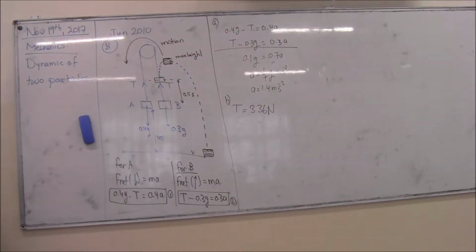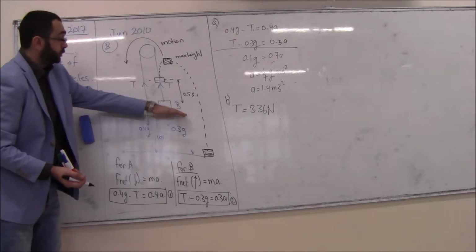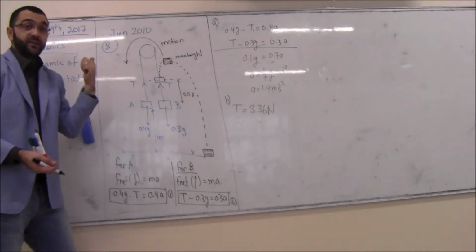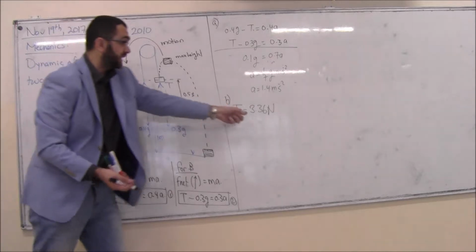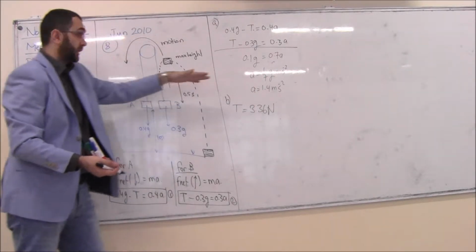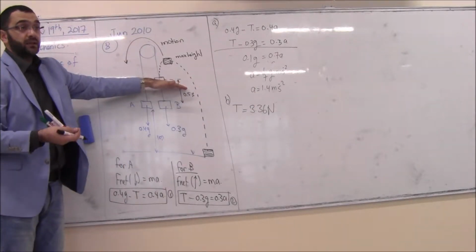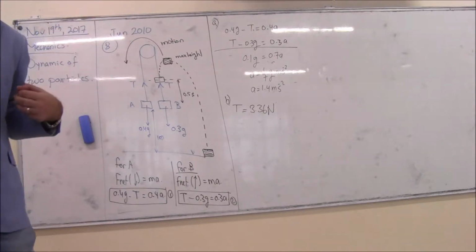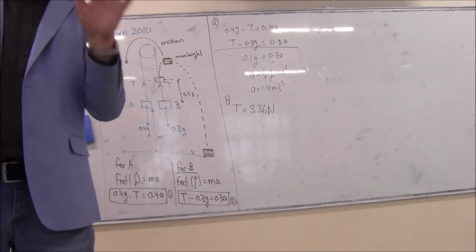In that stage 2, again, during the first 0.5 seconds there is a tension, and the acceleration is 1.4. After the 0.5 seconds, the string is broken.